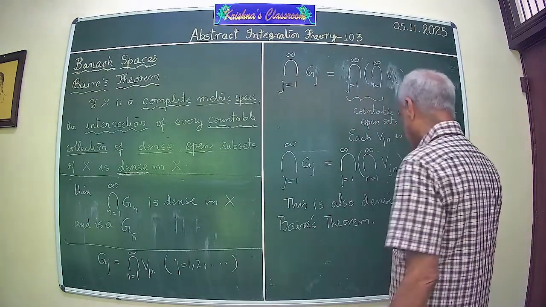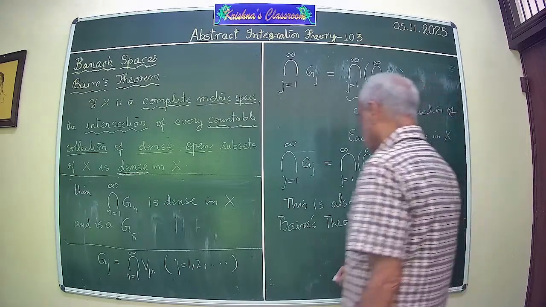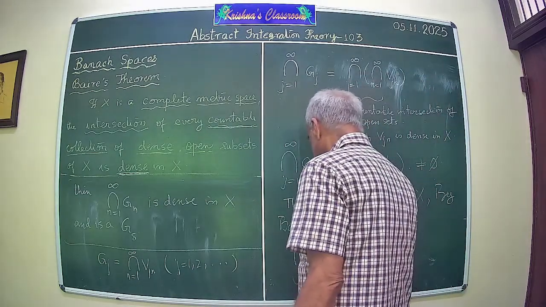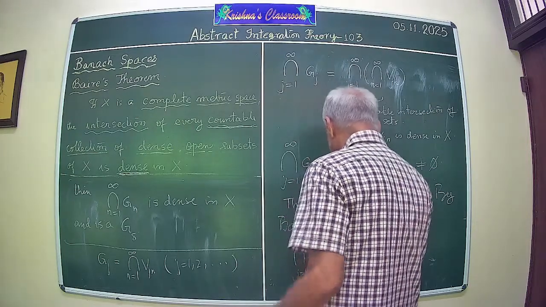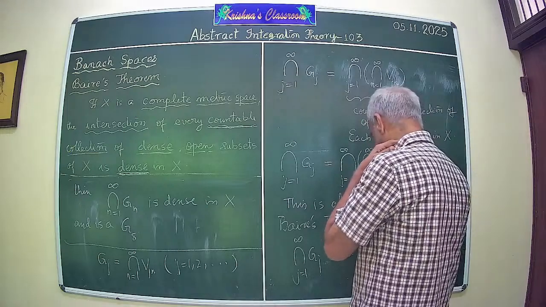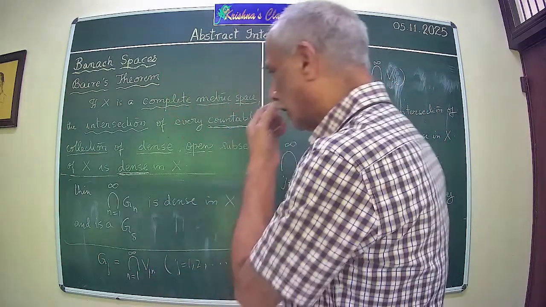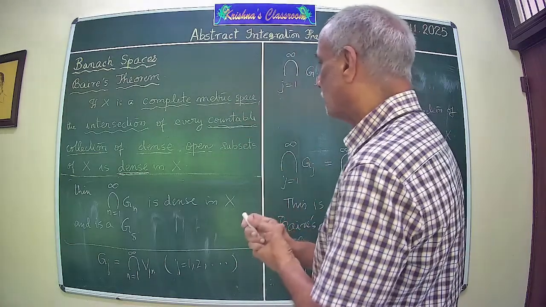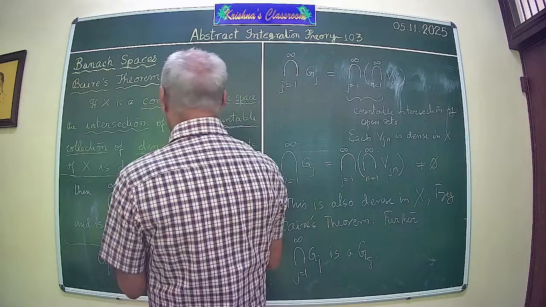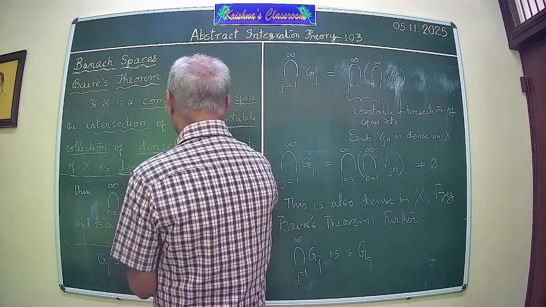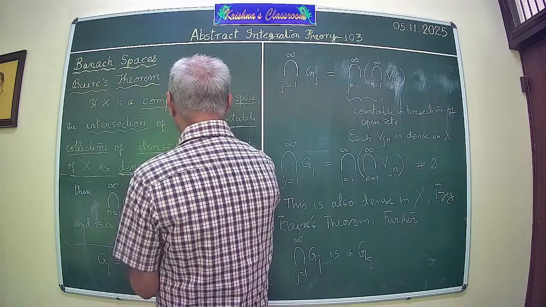Therefore, further, it is a G delta. So that completes the proof. So in fact, you can replace this open part by what is called a G delta.